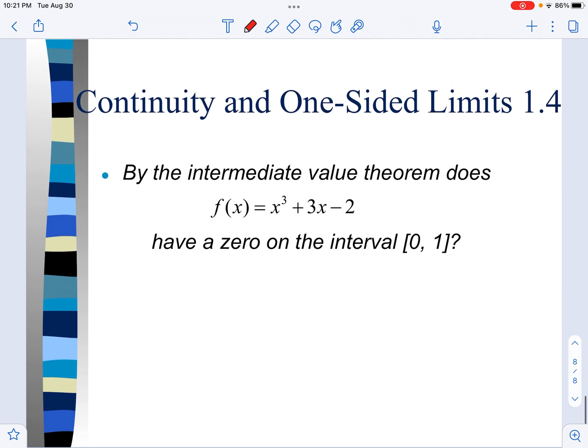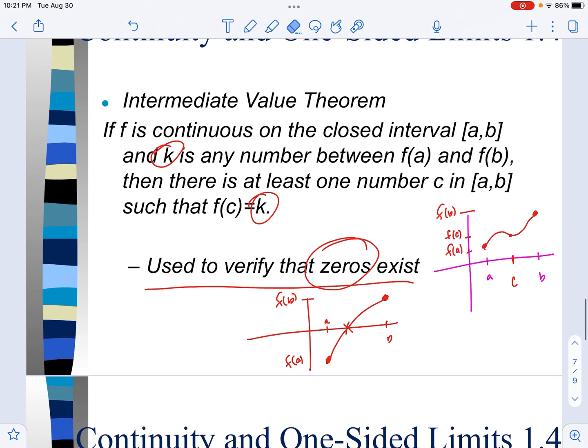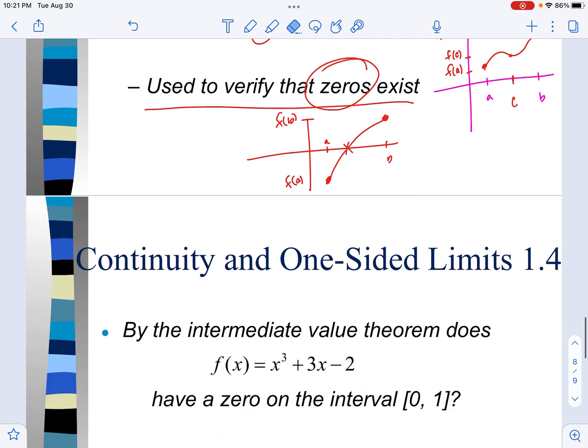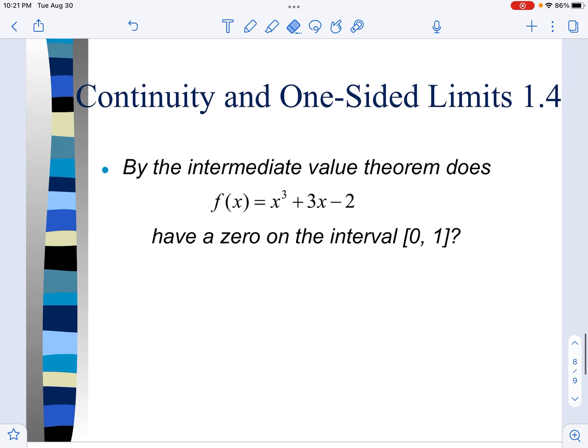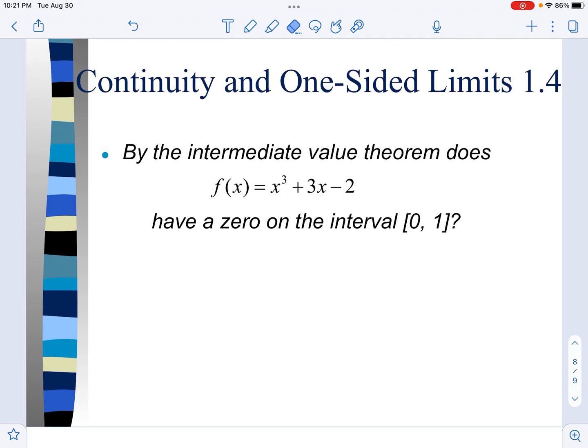So if we're looking at this, it says by the intermediate value theorem, does this function have a 0 on this interval? So really what we have to do is evaluate. Well, actually, we need to check some other things first. So notice it has to be continuous on that interval. So if we look at this, this is a polynomial function. So since it's a polynomial function, we know it has to be continuous.